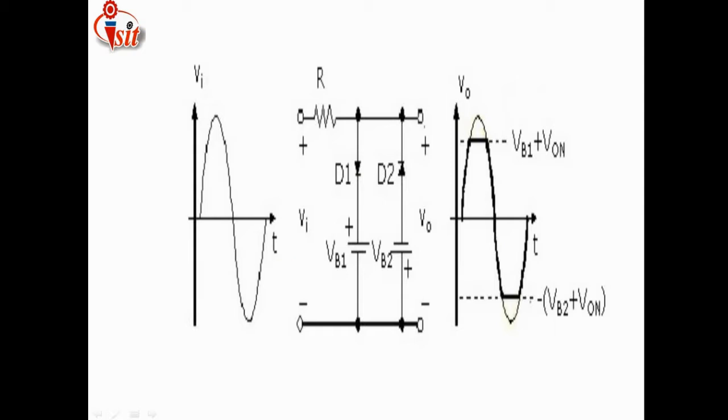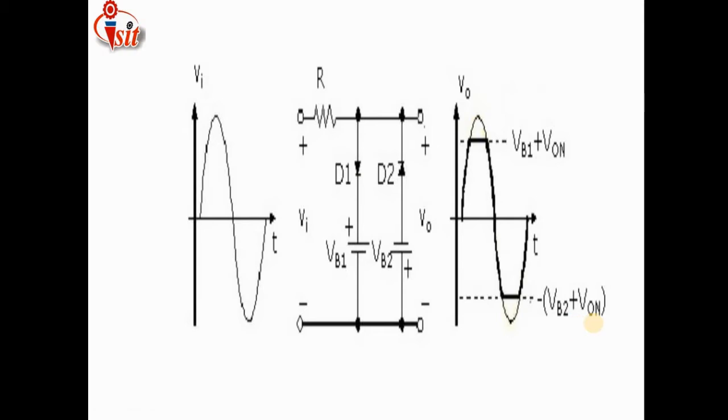Whatever output is observed, that output voltage is bias voltage 1 and bias voltage 2 along with the on-state voltage, that is, VB1 plus V on and VB2 plus V on. This relates the input and output voltages.